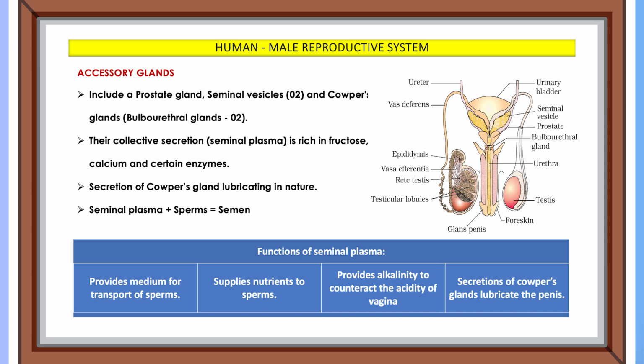The collective secretion of these three glands we call seminal plasma. It is rich in fructose, calcium, and certain enzymes. The secretions of the bulbourethral or Cowper's gland are lubricating in nature. Now the semen that we call is sperms plus the seminal plasma that we see here.